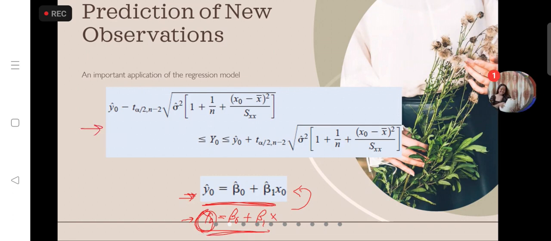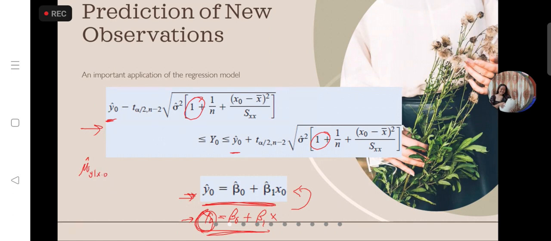This confidence interval is the same as our confidence interval for the mean response. The only difference is that we have a plus 1 here. And then we are using y hat 0 exact instead of mu hat y at x0.